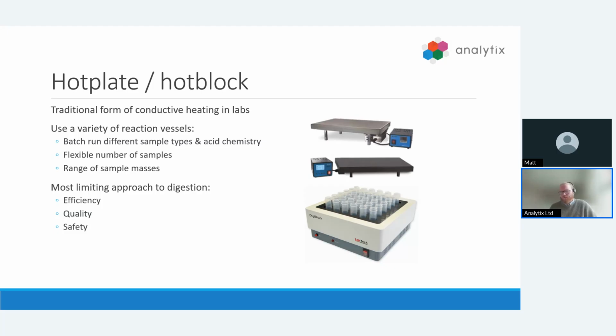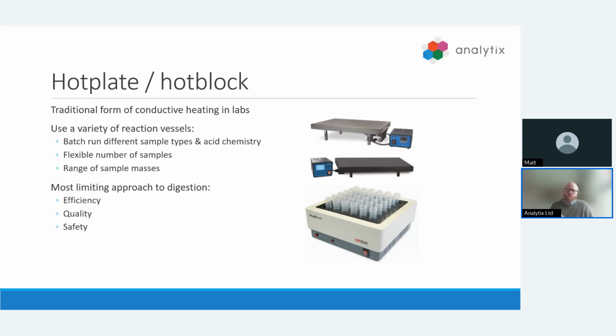Digestion is carried out in open vessel systems, and this can potentially lead to things like loss of volatiles and cross-contamination from, say, neighboring samples or the lab environment around them. Being in open vessels, it's quite difficult to control the reaction as well, so there's potential for repeatability issues too.